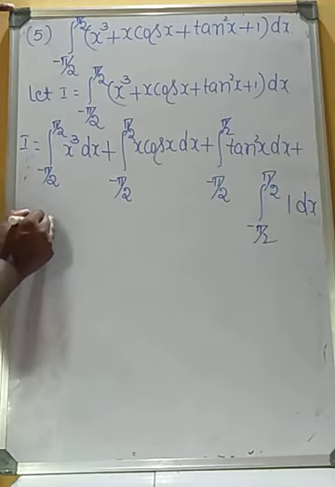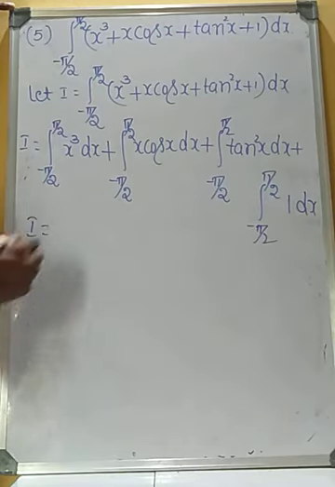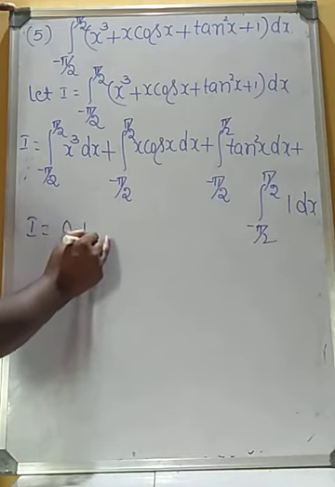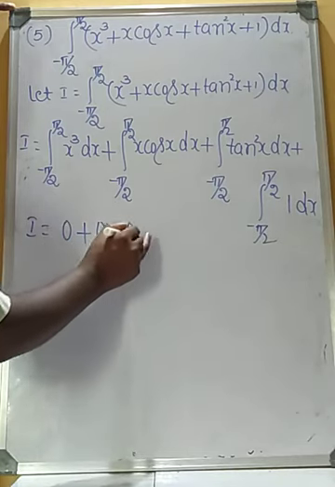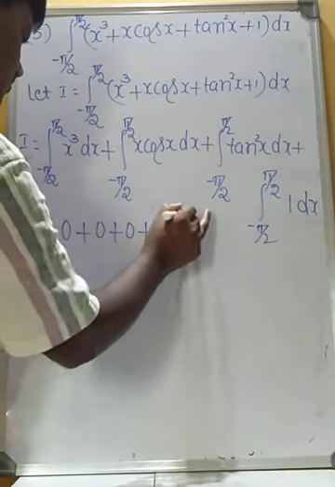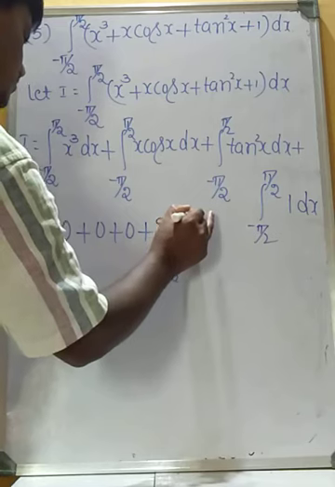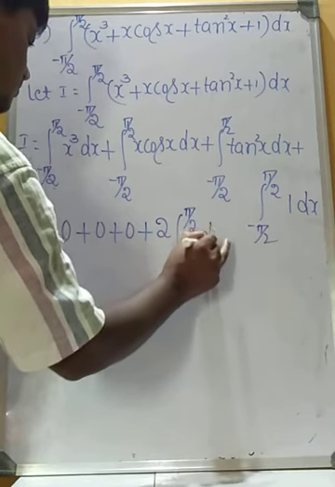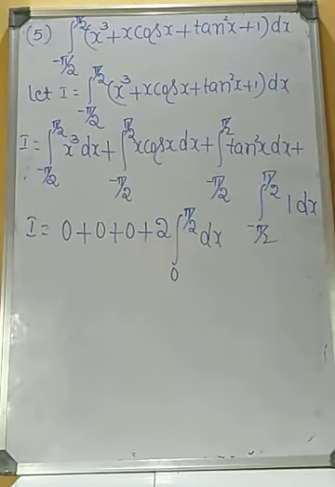Here therefore I is equal to 0 plus 0 plus 0 plus 2 into integral 0 to pi by 2 into dx.